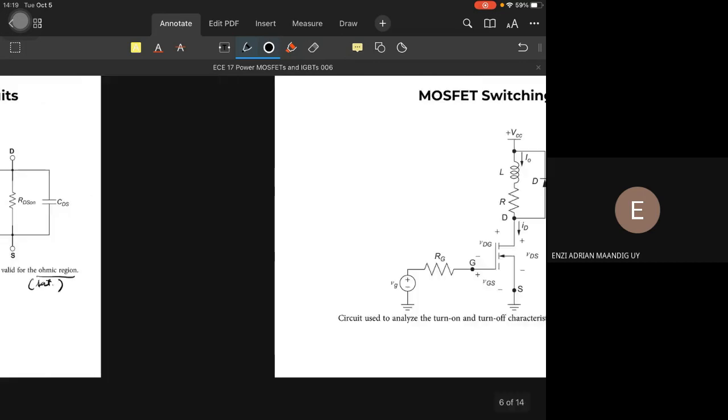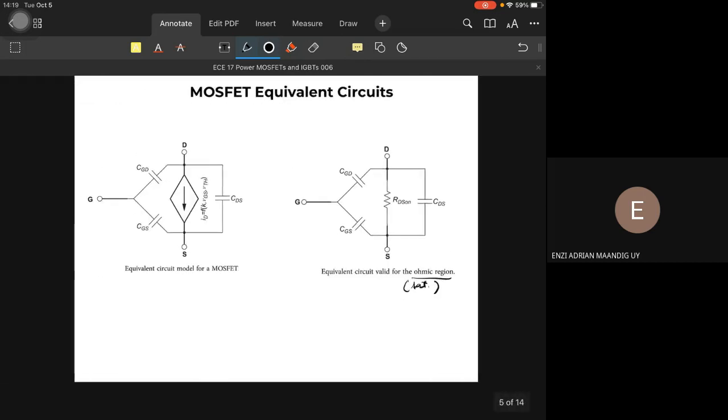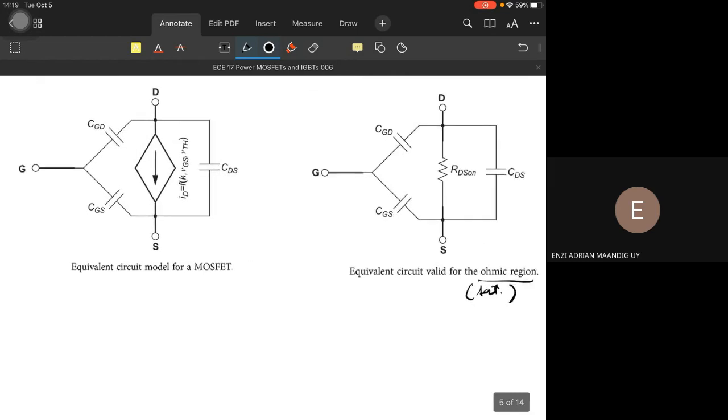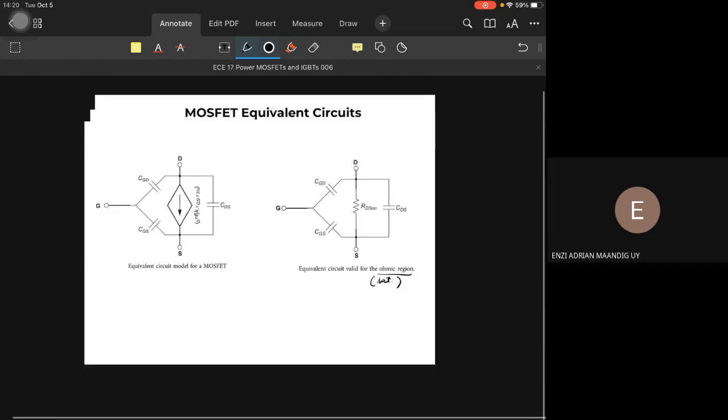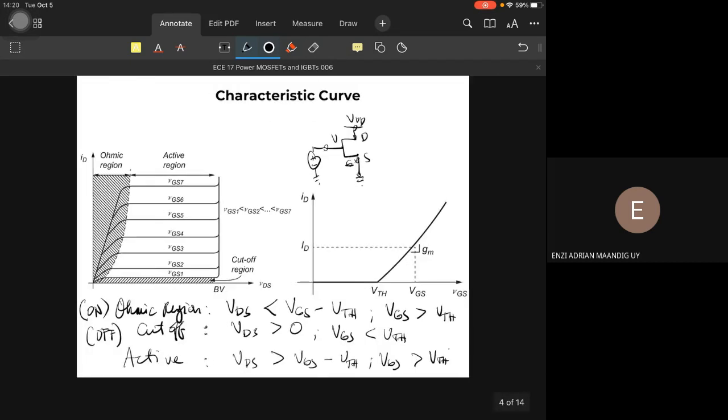Okay, next slide. So before that, how do we solve for ID? Again, just like before, how do we know what region the MOSFET is operating currently? So we use these equations.